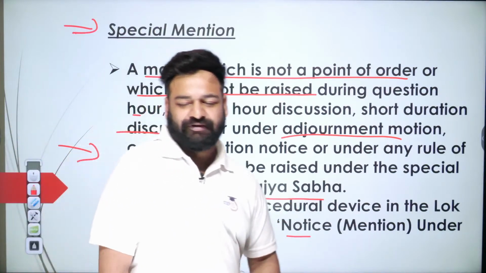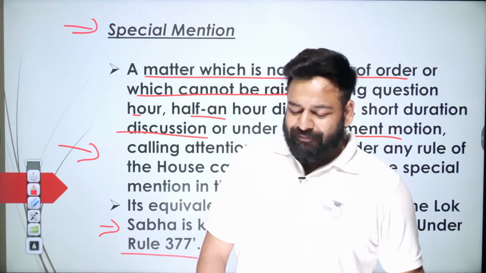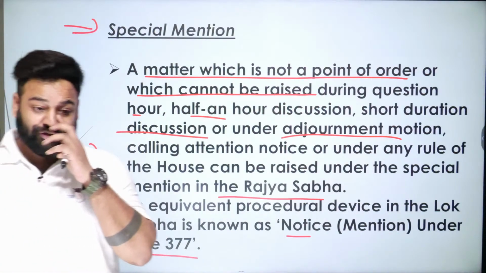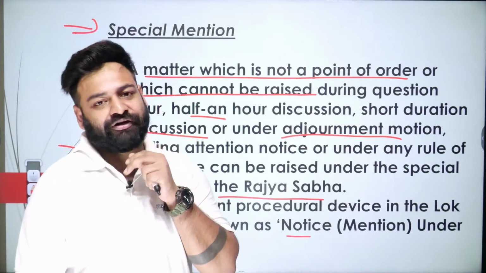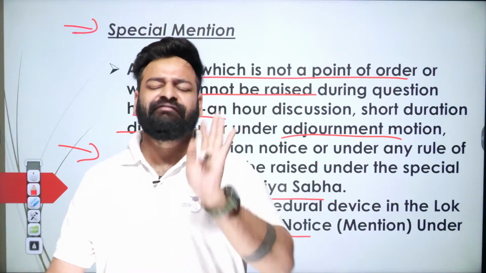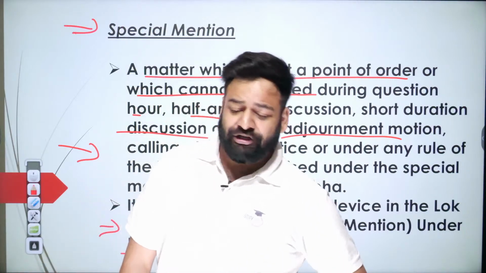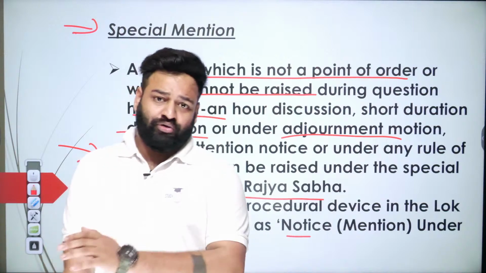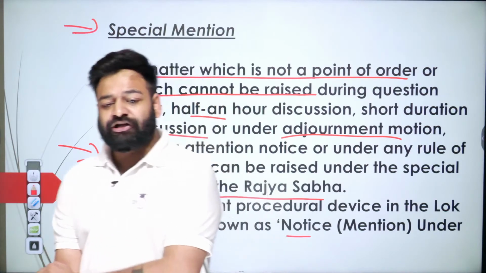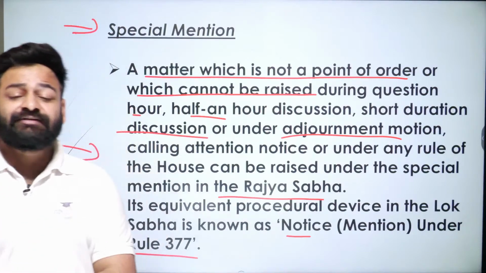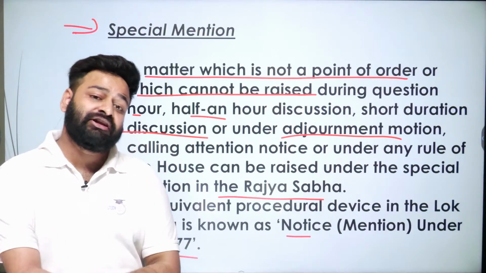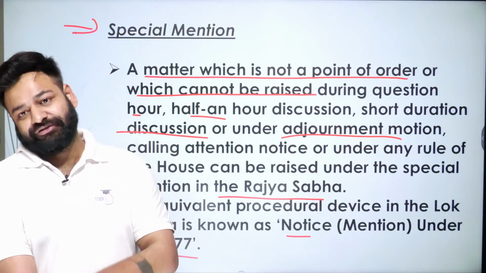So what is this basically? Any matter that is not discussed in half an hour discussion, short duration discussion, zero hour, question hour, adjournment motion, calling attention motion, anything that is left, but a particular member thinks that no, I need to discuss it, then that member can initiate special mention. This is known as special mention in Rajya Sabha and notice in Lok Sabha.